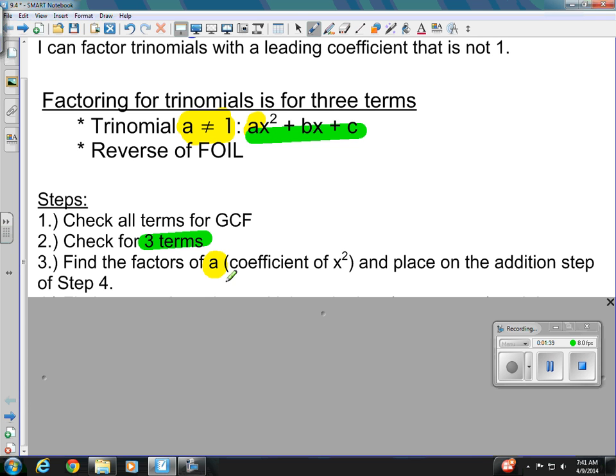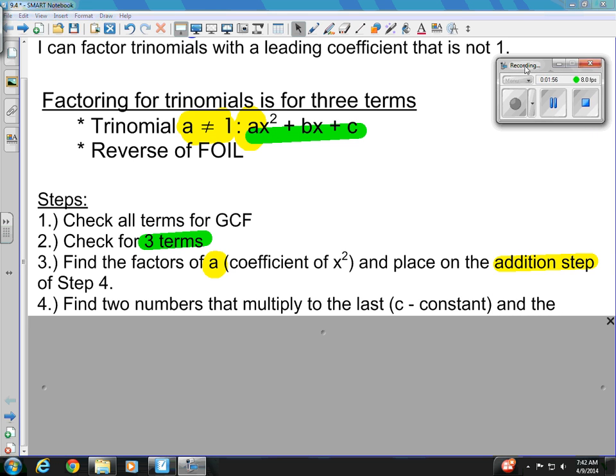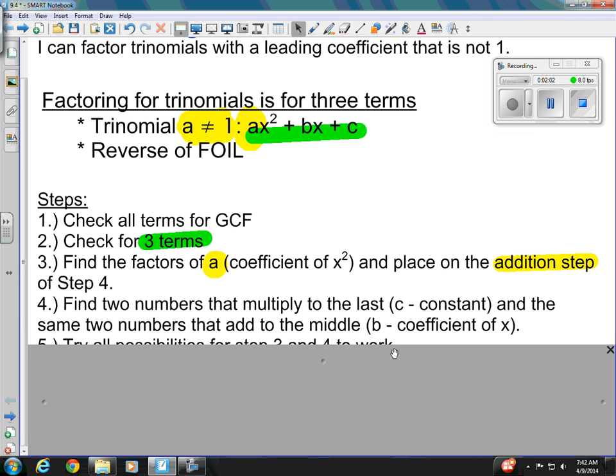I would underline that or make it bold in some way, that way I know what step it goes on, the addition. So step 4, we're going to find 2 numbers that multiply to the last, so that's our c again, and the same 2 numbers that add to the middle, which is our b, the coefficient of x. So that part doesn't change.